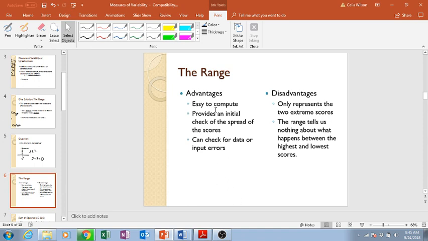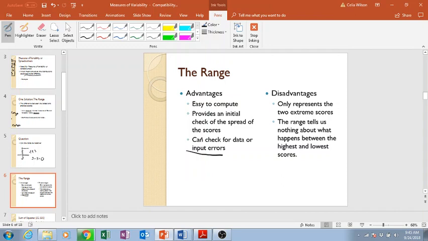Some advantages to the range. Easy to compute, as you can see. Provides an initial check of the scores. You can check for data or input errors. So you can imagine that if you have a set of data that the scores go from 0 to 100 and you check the range, and the range is like 1250, then you know you probably have some input errors somewhere.